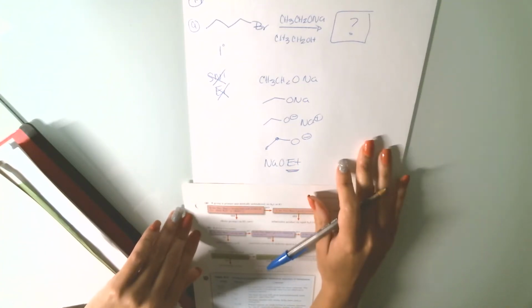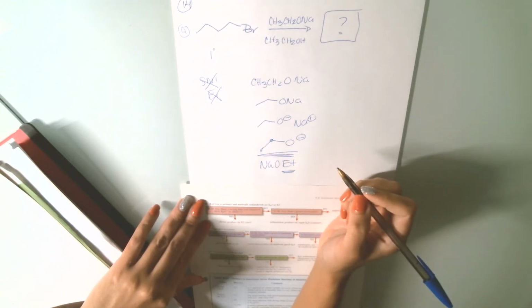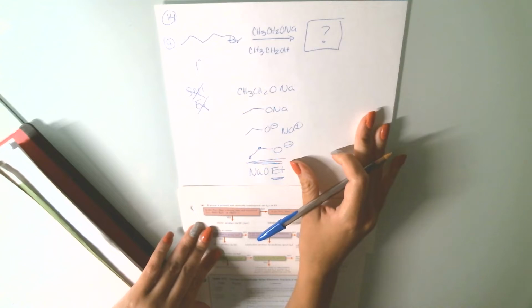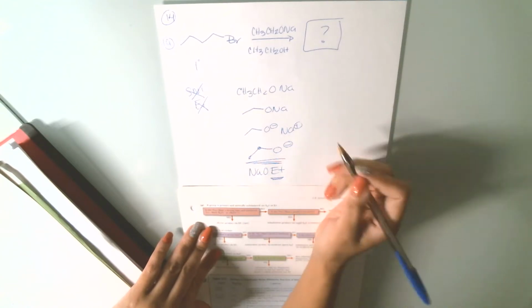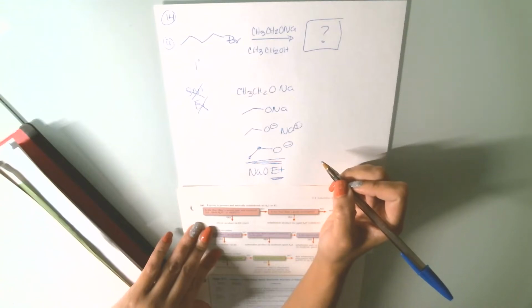So let's take a look at the base that we have here. Let's see if it's a strong base. To know if it's a strong base, use the guideline that says to look at the conjugate acid. What is the conjugate acid of this base?